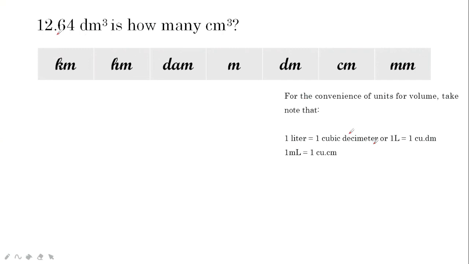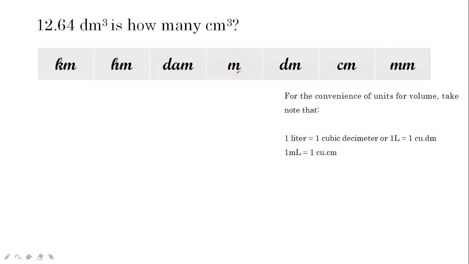So, ito, bali 12.64 liter. Okay? So, ang 1 liter is equivalent to 1 cubic decimeter. Or 1 liter. And, ang 1 ml is equivalent to 1 cubic centimeter. So, itong cubic centimeter natin, this is ml kung dun sa isang metric system na L yung gagamitin.